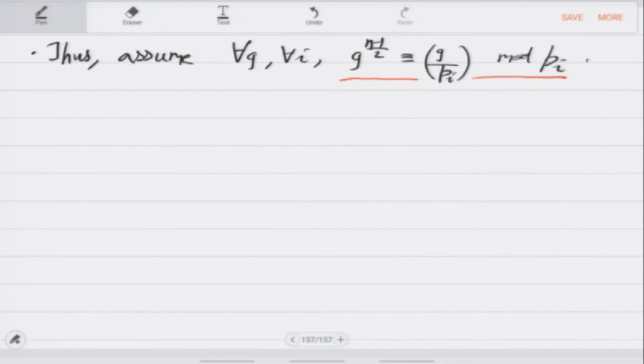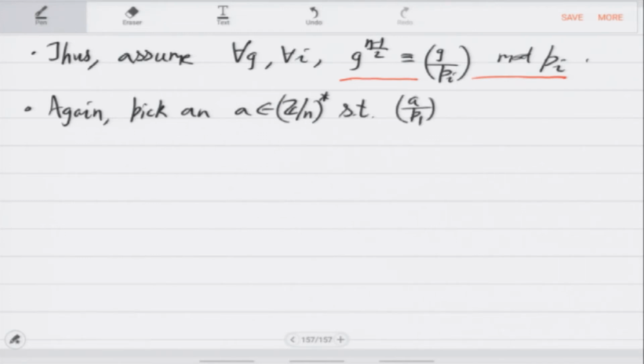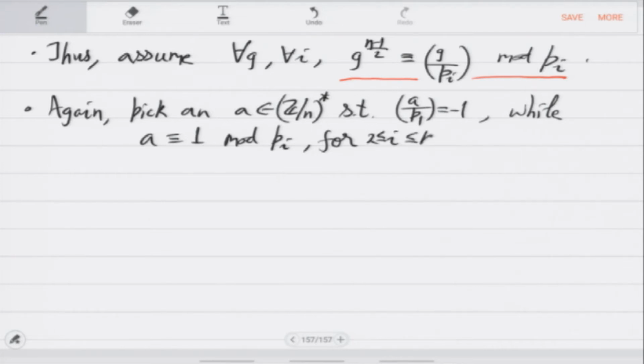Again, pick an A such that A over P1 is minus 1, while for the other Pi, let us just take the simple root, A is 1 mod Pi for i from 2 to k for the rest.